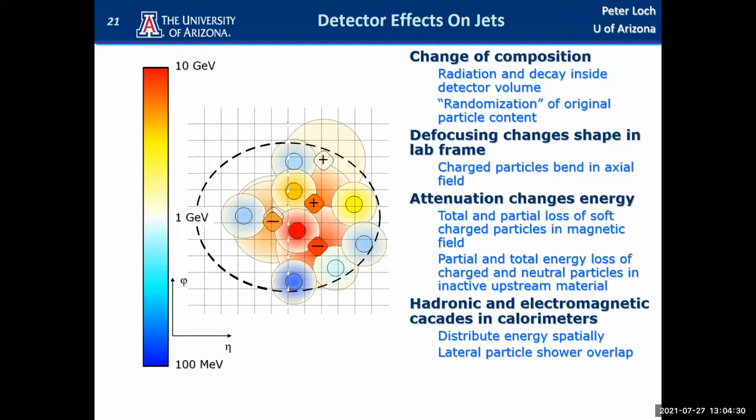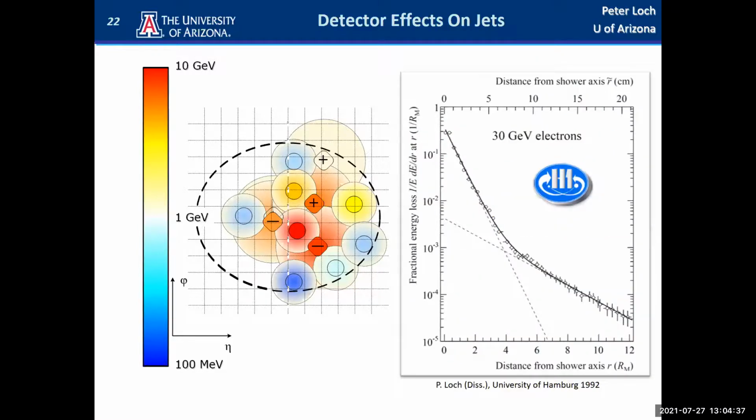Now, this is not as dramatic as here, for example, a radial profile for electrons in the H1 calorimeter, and you see it's a log scale on the y-axis, and a lot of the energy is contained within a cylinder of a few centimeters, which in the central region of the ATLAS detector, for example, is sufficient to separate particle showers.